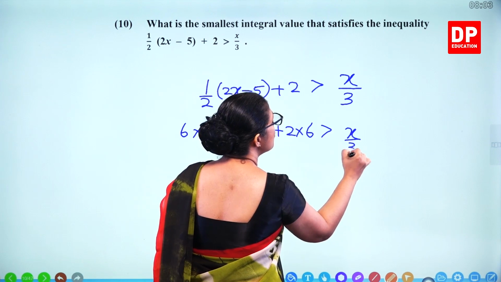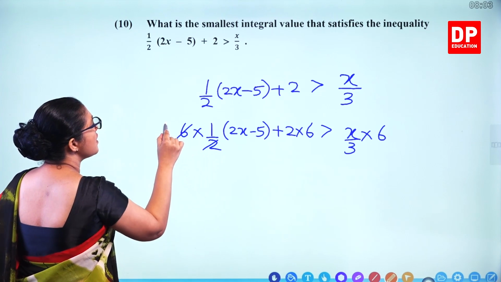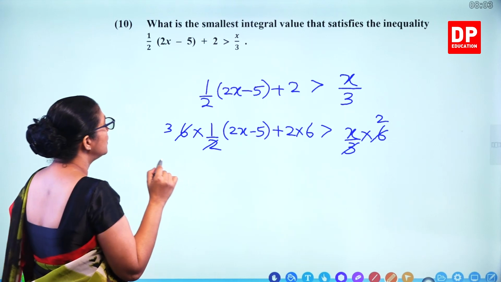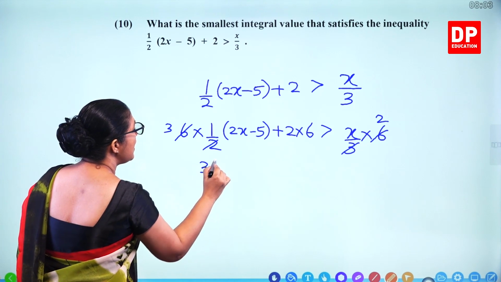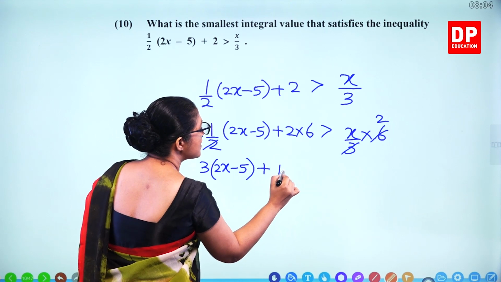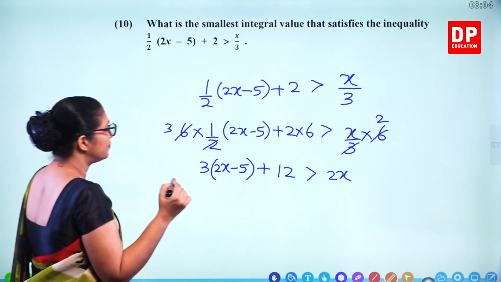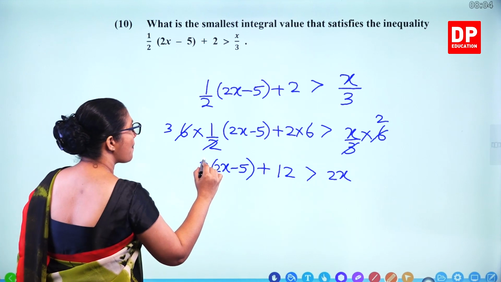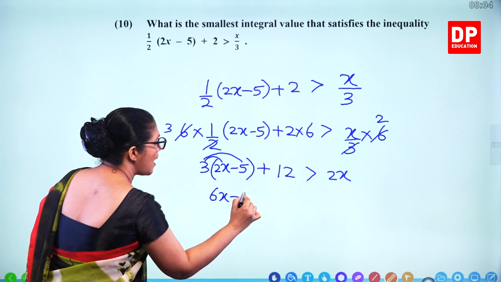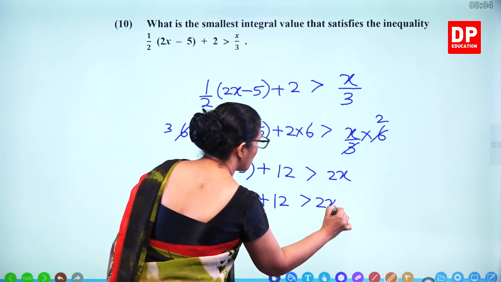X over 3 into 6. So you get 2 times 3, 3 times 2. So what you get? 3, 2x minus 5 plus 2 times 6, 12. 2 times x, 2x. Now expand brackets. 3 times 2x, 6x minus 3 times 5, 15 plus 12 greater than 2x.